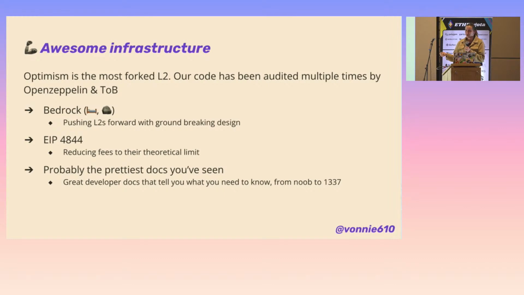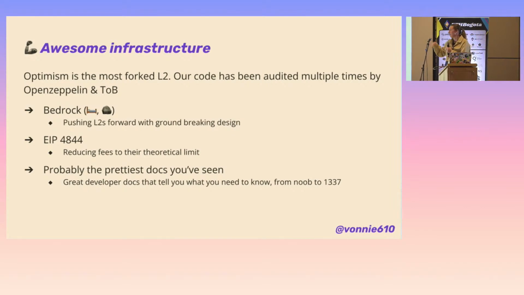I'm not going to talk too much about that because we have a bunch of talks happening at Devcon about it. If you're not there, they will be online, so you can watch them live. We have also been championing the EIP 4844 process, which is going to push L2 fees down to their theoretical lower limits, which is super exciting because, obviously, fees are expensive, and you don't need them to be as expensive as they are.